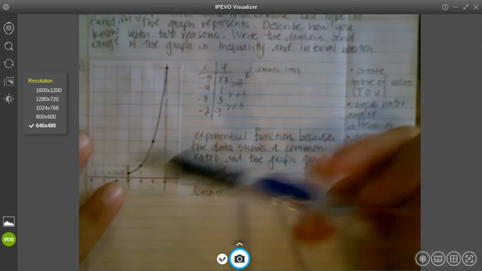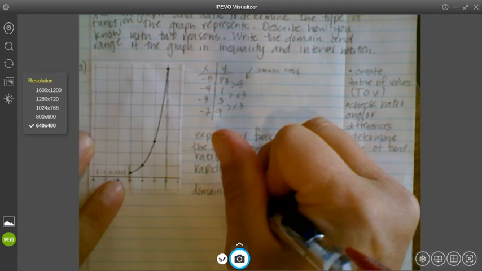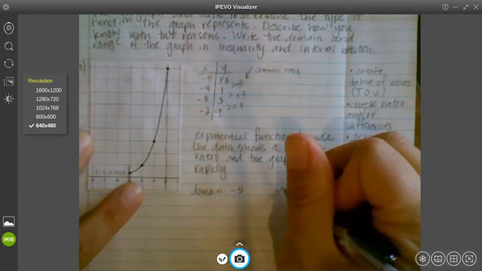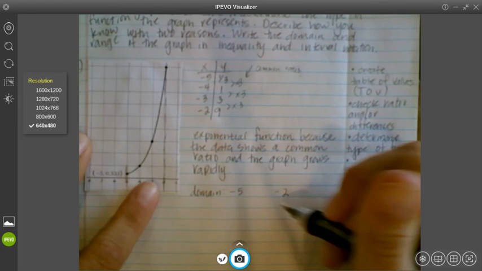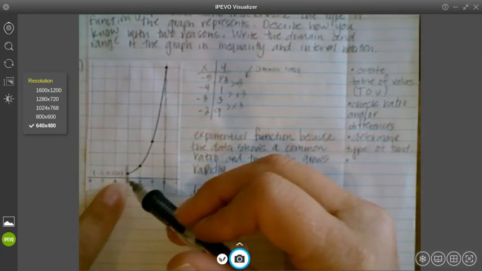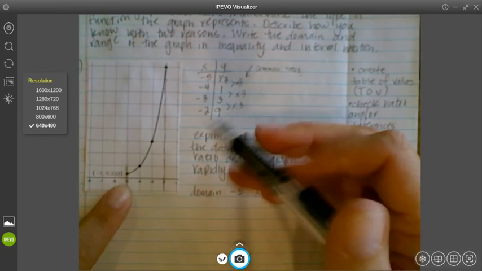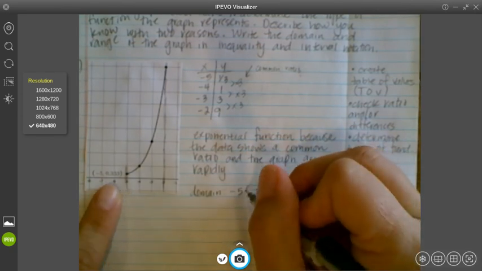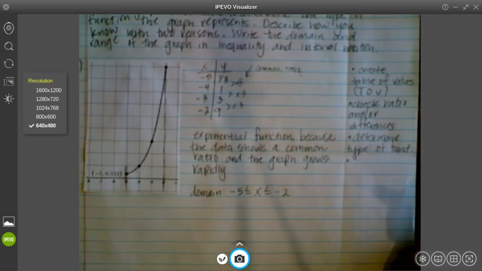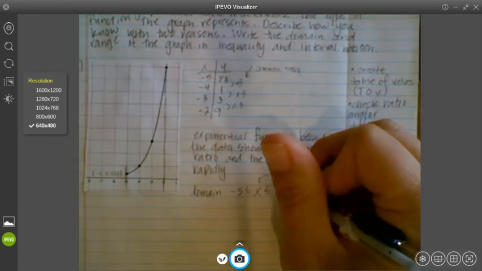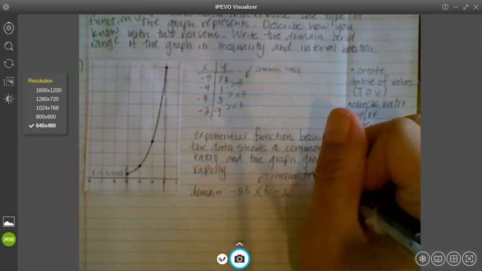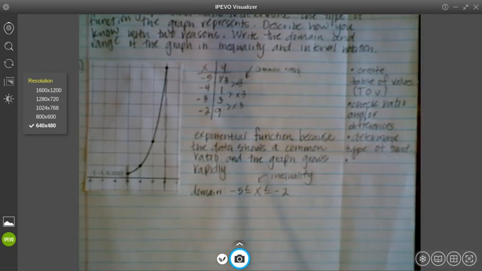So the very left side of our graph is at -5, and the very right side of our graph is at -2. So our graph begins at -5 and our graph ends at -2, and our x values are from -5 to -2, but everywhere in between. So -5 is less than or equal to x, which is less than or equal to -2. Now this is what we refer to as inequality notation, because we have those inequality symbols.